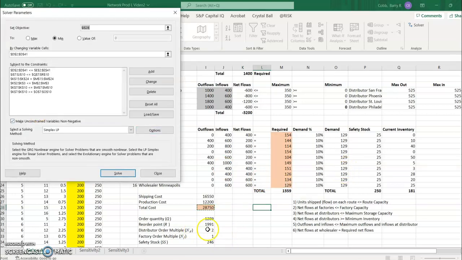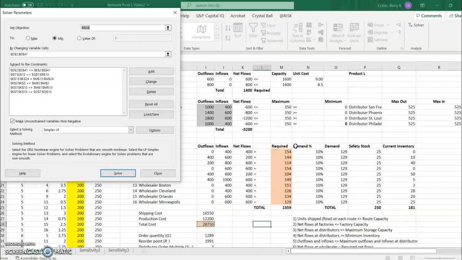There is a scenario where, if both multiples are 1, we would want to have this as a greater than or equal to constraint, just in case there were a rounding issue in this model.